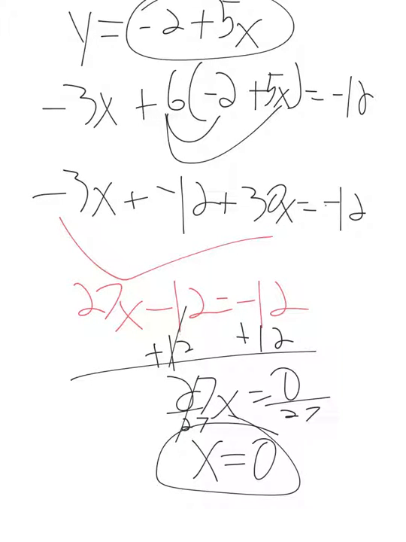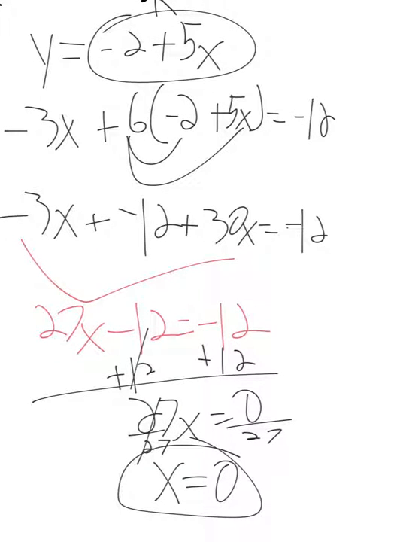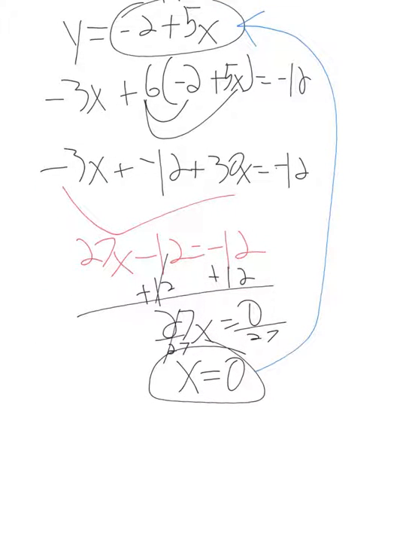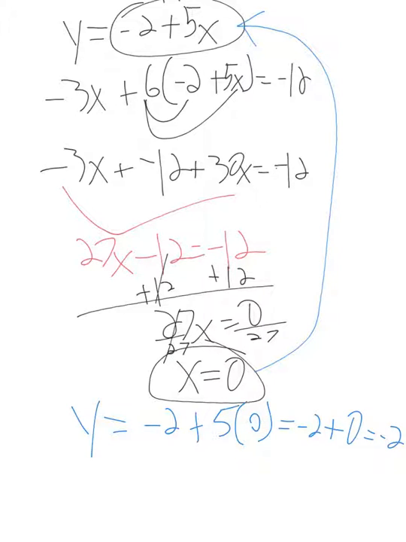So I have my x value there. Go ahead and plug it into that y equals 1 right there. Negative 2 plus 5x. Y equals negative 2 plus 5 times 0. That's just negative 2 plus 0, or negative 2. So final answer is 0, comma, negative 2.